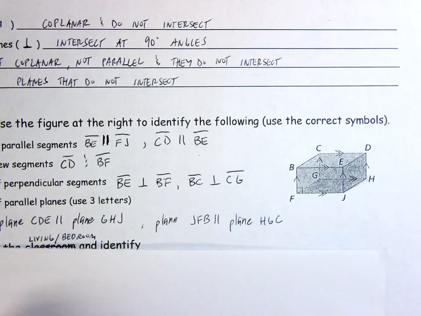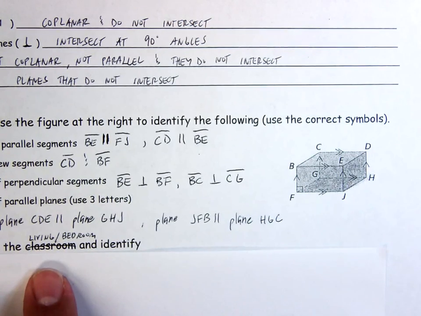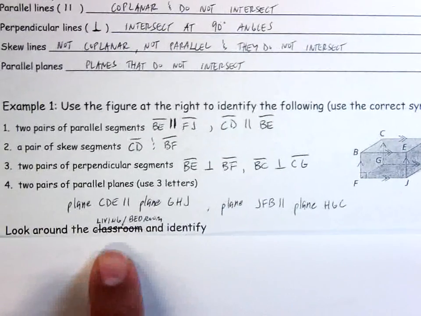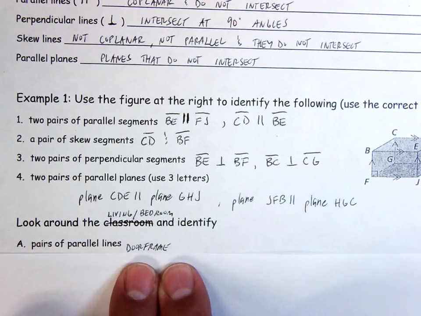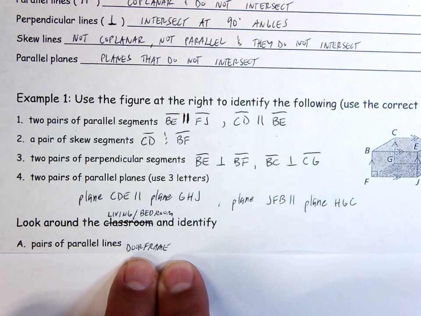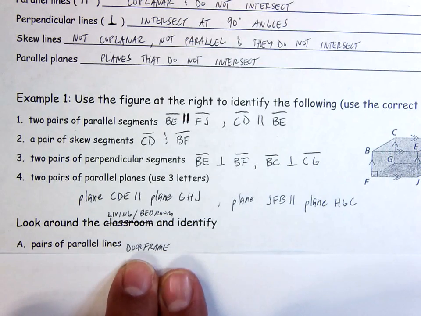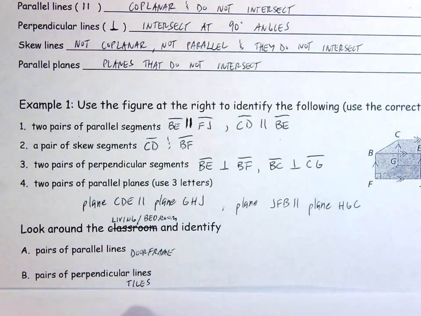Some examples to talk about. It says classroom, but you should be doing this at home. Look around your living room, bedroom. Identify a pair of parallel lines. Sometimes look at your door frame. The top part and the bottom part, and the left-hand side and the right-hand side are going to be parallel. Perpendicular lines, you can look at the tile, either in your house, in your bathroom, on the floor.